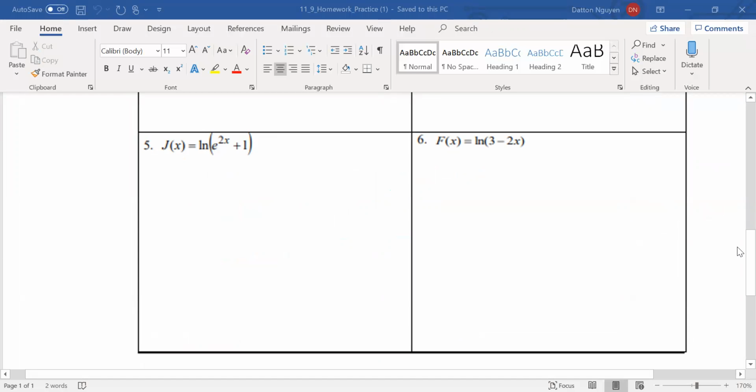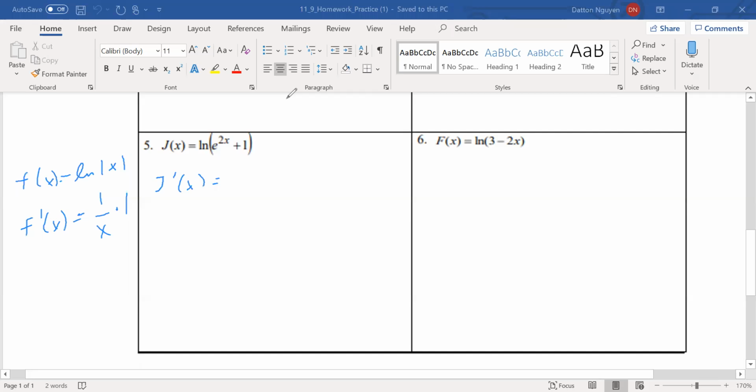Okay, so the next one here, j of x, I want to take the derivative of this function. So j prime of x. Now remember, again, if f of x is equal to the natural log of x, where x inside here can be any function, then f prime of x is equal to 1 over x times the derivative of x, which is 1.